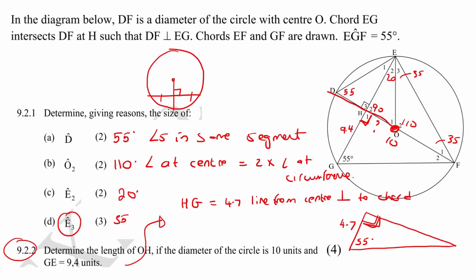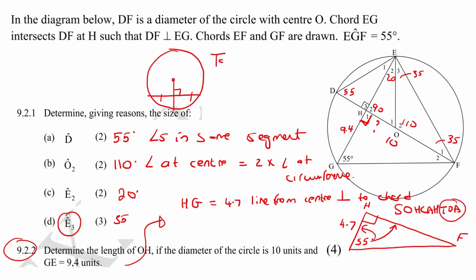Now, because it's a 90-degree triangle, we can actually use grade 10 trigonometry to find anything else that we need. So let's go find this length over here, this HF part. If we use this 55 degrees, then the length we're looking for is the opposite, and we already have the adjacent. So that would be tan.